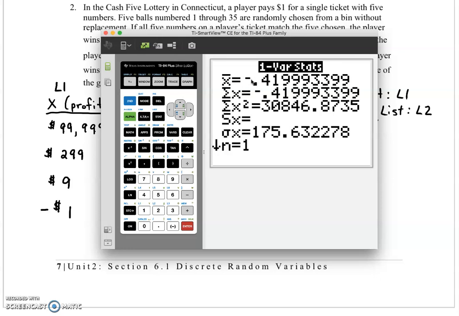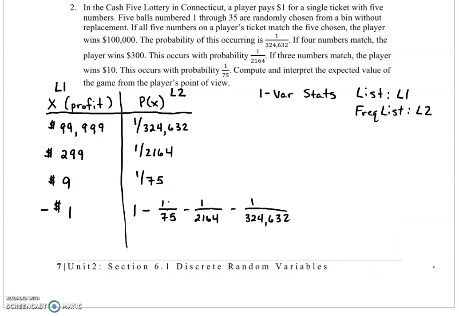But it's negative. Don't miss the negative sign right there. It's easy to do. So our expected value is negative 42 cents. So what does that mean?